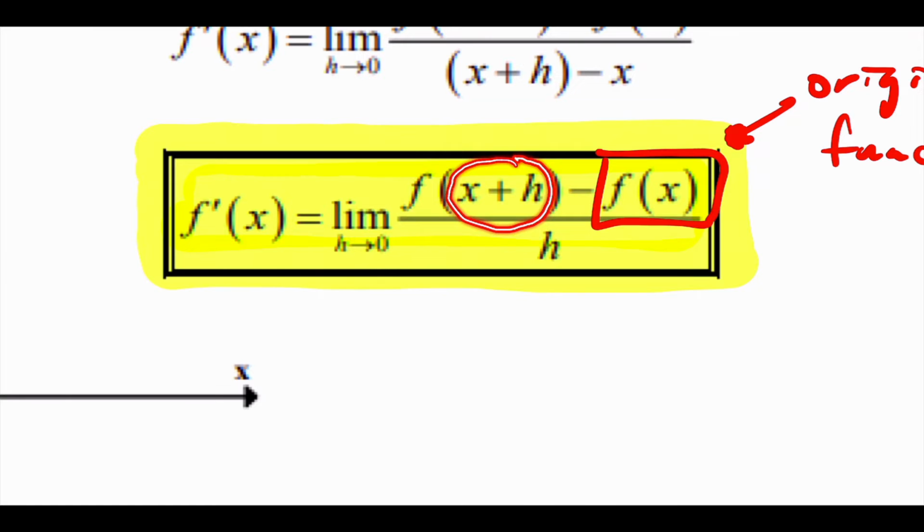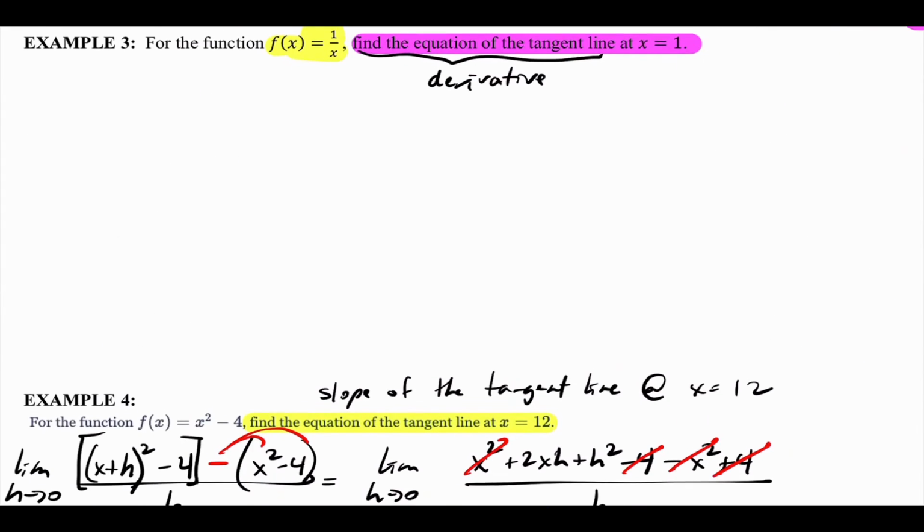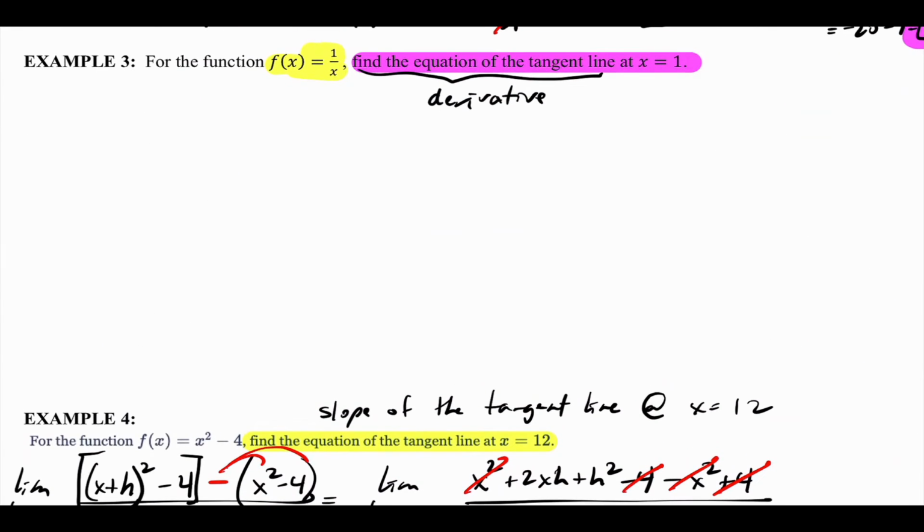What did we do when we did this beginning part here? Exactly. Put this anywhere we see an x. So let's go down to our function. We only see one x in the denominator, right? So instead of just x, it's going to be x plus h.